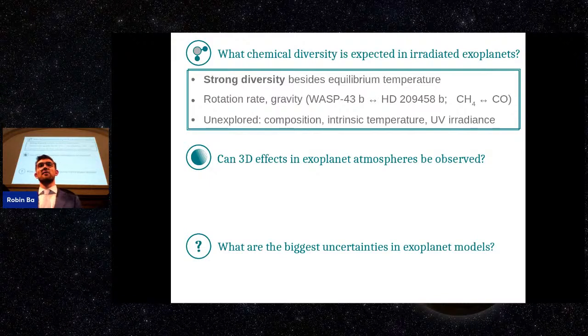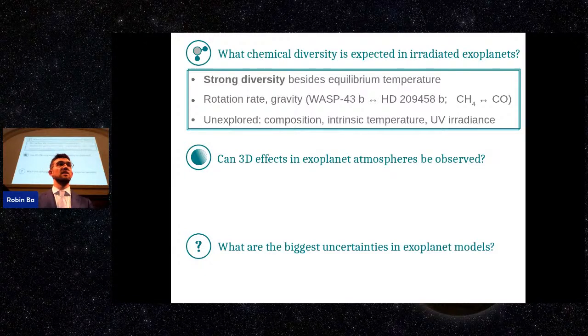The rotation rate and the gravity can give rise to different climate types, such as we have seen between WASP-43b and HD 209458b. And they can also give rise to transitions in the chemistry, in some cases, between CO and methane.